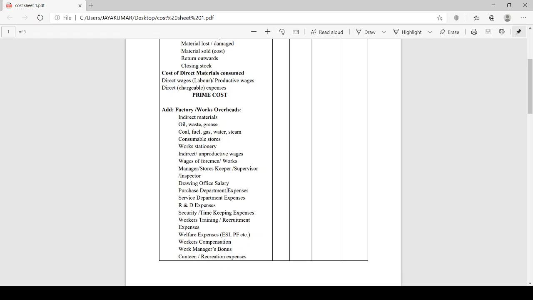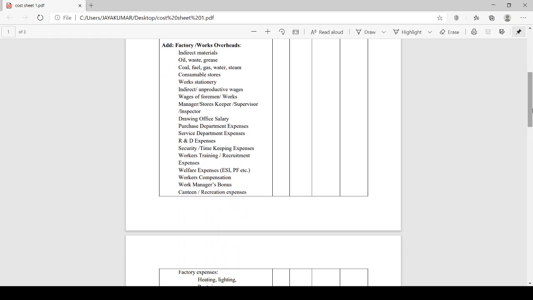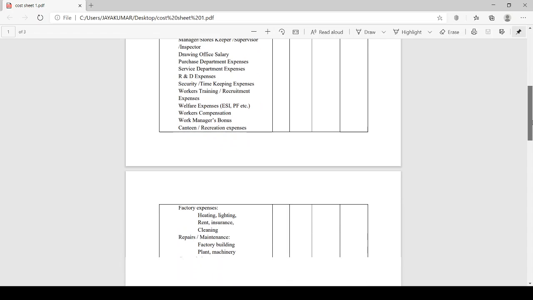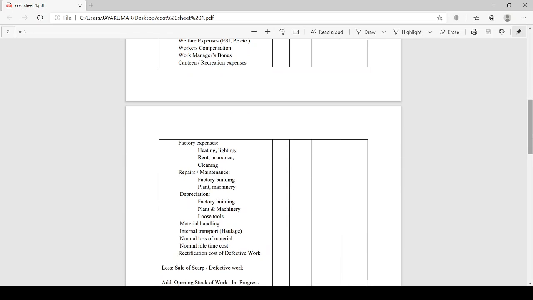The next one is purchase expenses, purchase department expense, service department expenses, research and development expense, security or timekeeping expense, workers training or recruitment expenses, welfare expenses. For example, employee state insurance. Insurance facilities will be given for the employees, as well as provident fund, workers compensation, work managers bonus, canteen or any other recreation expenses incurred for the workers.